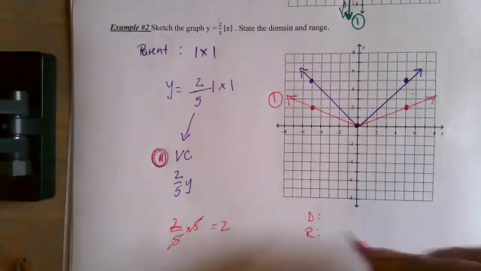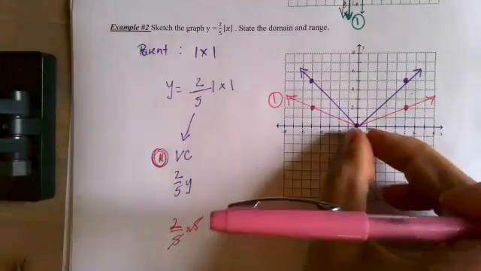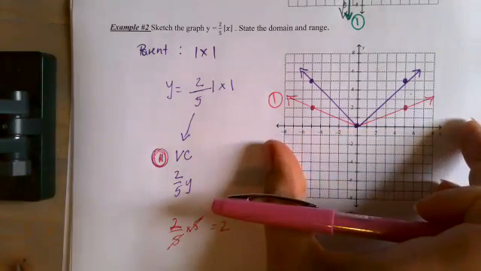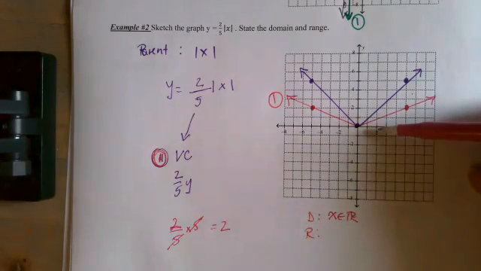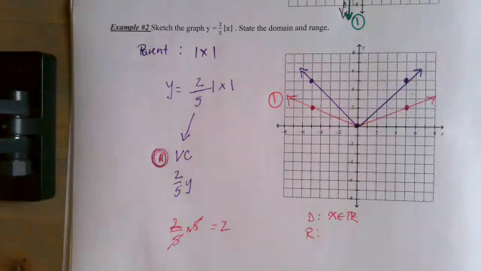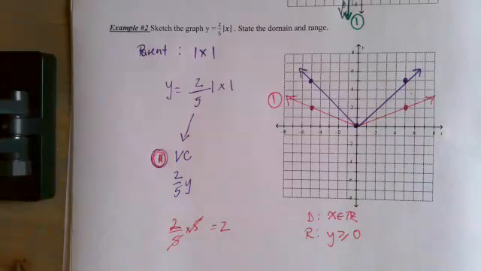Domain and range. Domain is all of the real numbers, so it stretches left and right to infinities. And then for the range, all of my red graph is above the x-axis, so y is greater than or equal to 0.